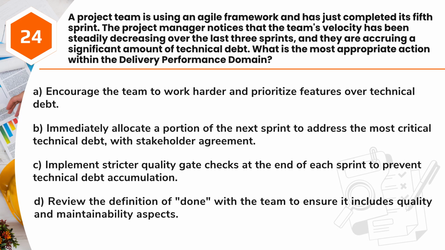B. Immediately allocate a portion of the next sprint to address the most critical technical debt, with stakeholder agreement. C. Implement stricter quality gate checks at the end of each sprint to prevent technical debt accumulation. D. Review the definition of done with the team to ensure it includes quality and maintainability aspects.